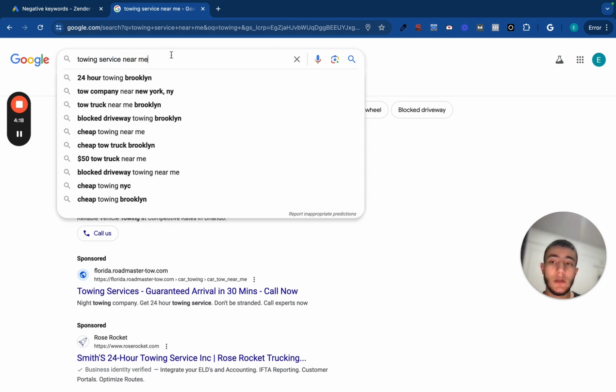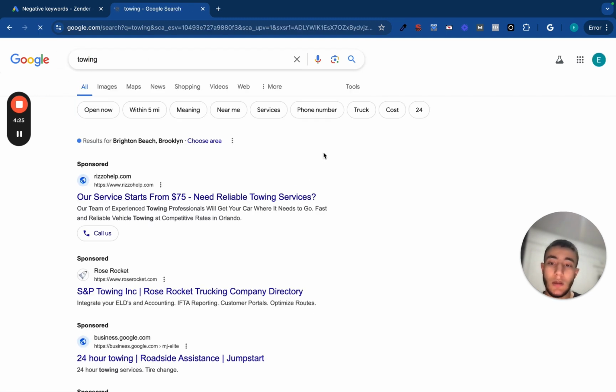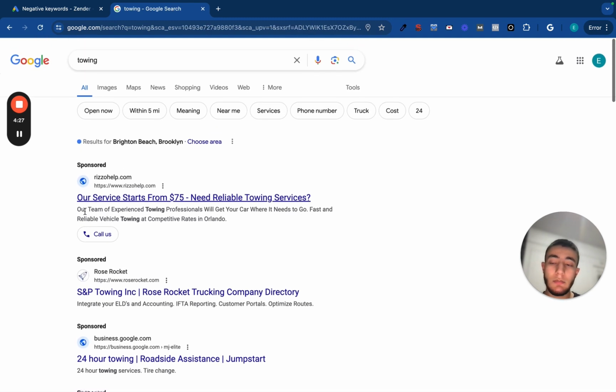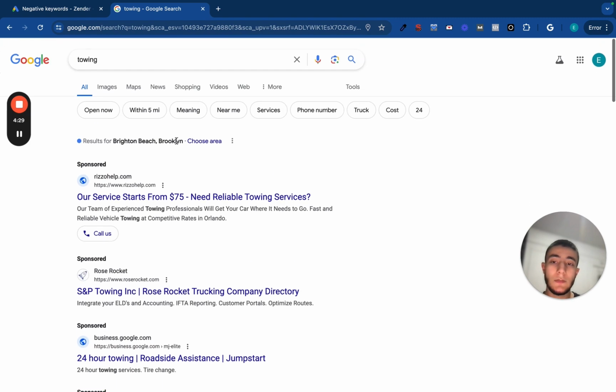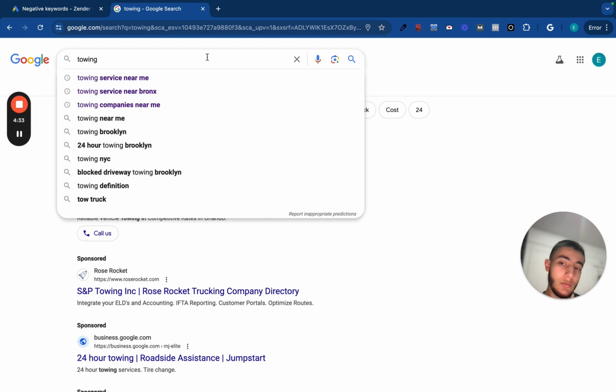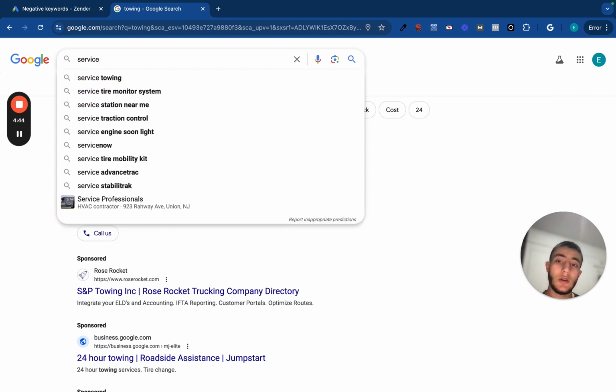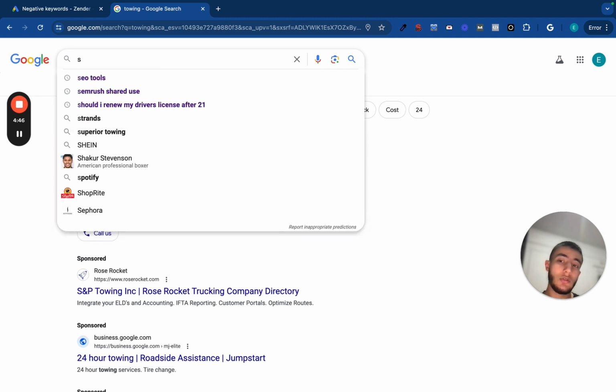So for instance, if I search just towing, this is going to be a different search. When you have a keyword like towing service as a broad match, it's also going to target people who are just searching for a service, or your competitor's name.